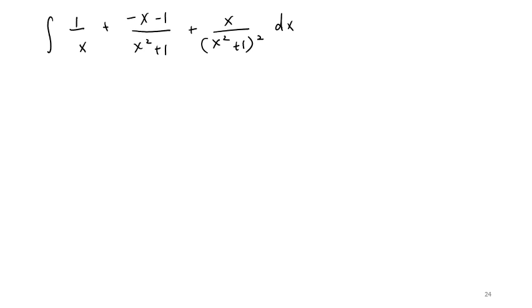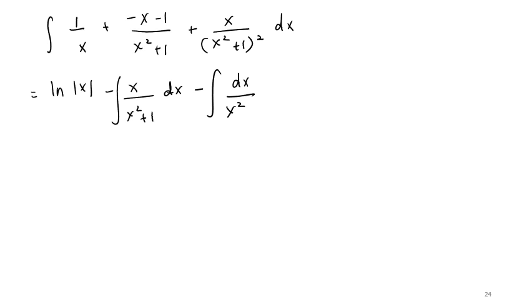After substituting the values, the simplified version of the integration is the integral of 1 over x, plus (x minus 1) over (x squared plus 1), plus x over (x squared plus 1) squared, dx. The first part you can integrate easily with respect to x, and the second part you can divide into x over (x squared plus 1) dx and the last term.